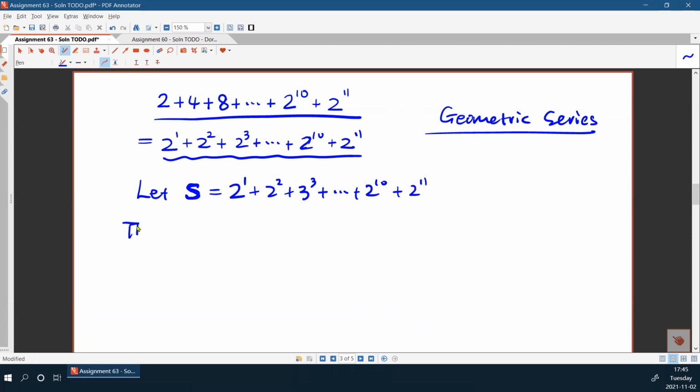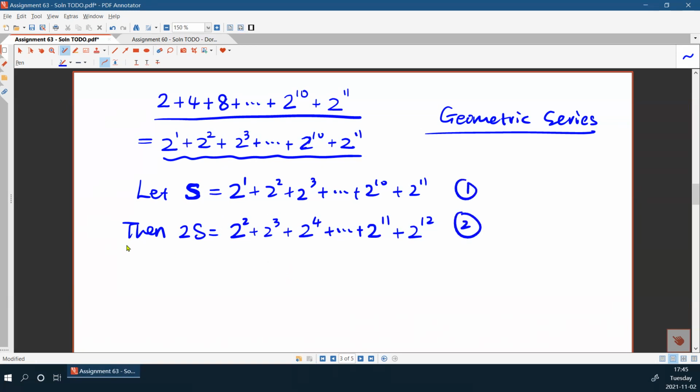So if S equals the sum of all the terms, then 2S equals what? 2 to the power of 2, then 2 to the power of 3, then 2 to the power of 4, and all the way to the last term, 2 to the power of 11, and then 2 to the power of 12. Let's call this equation 1, and this one equation 2.